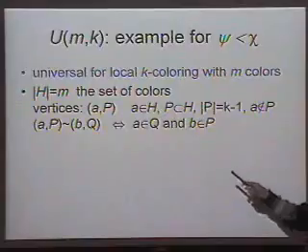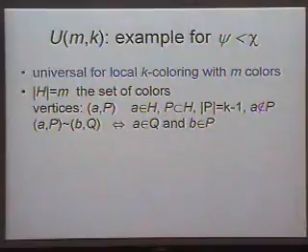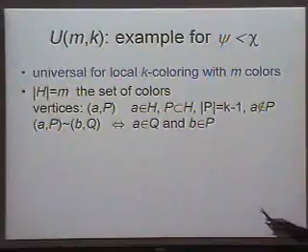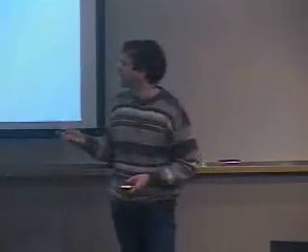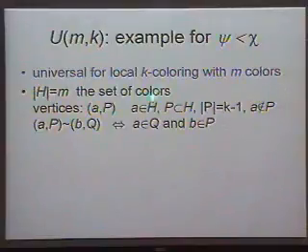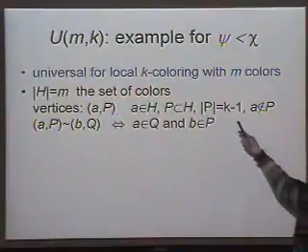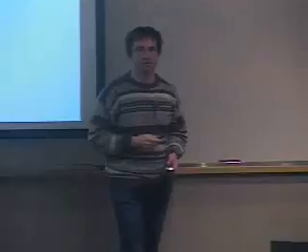So you take the set of colors, a set of size M, and for any vertex you want to tell what its color in the local K-coloring is. That's just A, which is an element of the set of colors. And then you want to say what colors the neighbors have, and that's a set of size K minus 1.